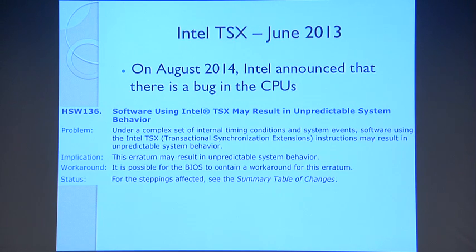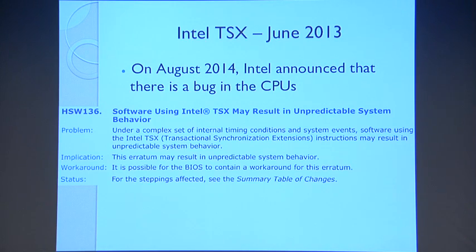About a year later, in August 2014, they announced that there is a bug in their CPUs. And as you probably know, a bug in hardware is not as easy to fix as a bug in software. So basically they said that, under a complex set of internal timing conditions and system events, software using the Intel TSX instructions may result in unpredictable system behavior.